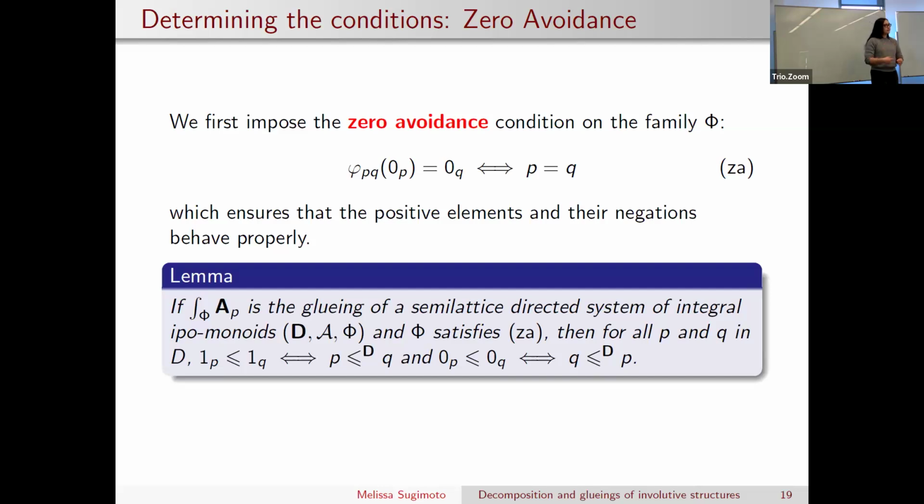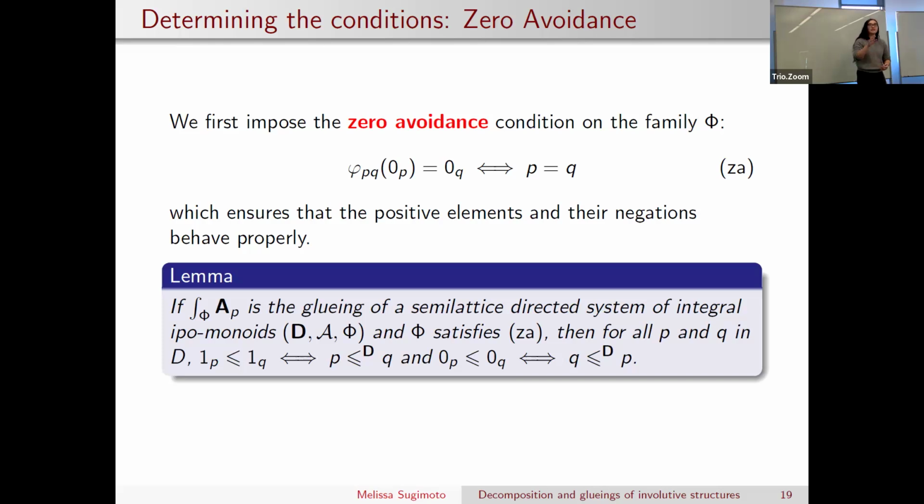And so there are a bunch of conditions that we end up having to impose, and by a bunch I mean 4, which is not actually that many, that we have to impose on the family of morphisms to make this work. So the first one we came across was this one we call zero avoidance, which is that phi_pq of 0_p is equal to 0_q if and only if p equals q.